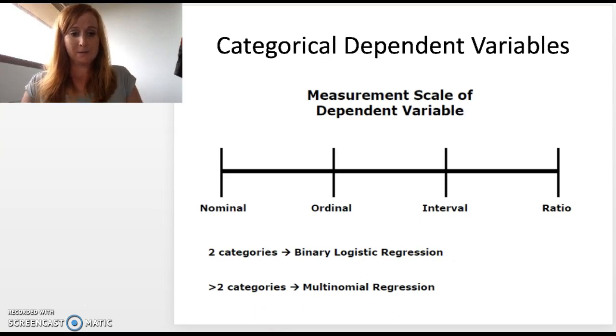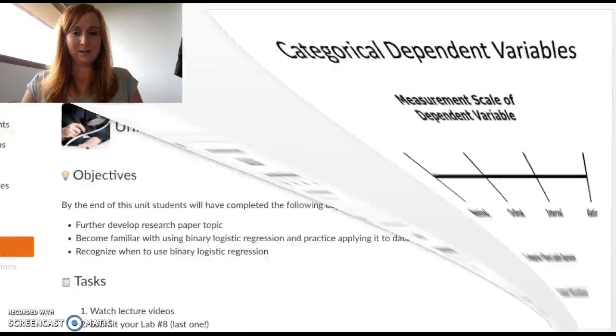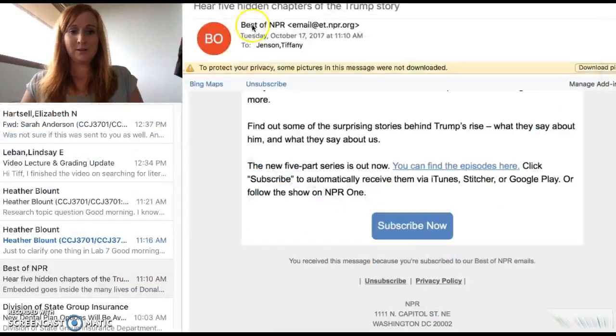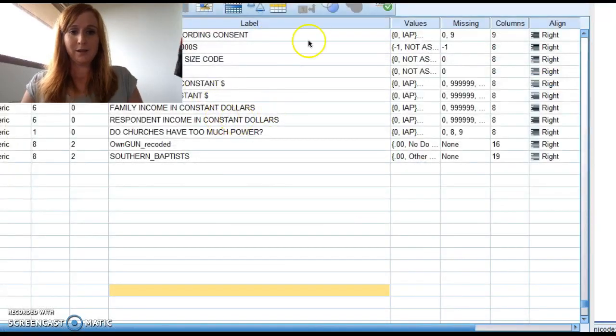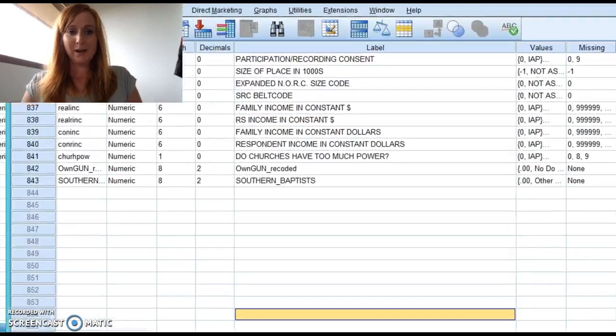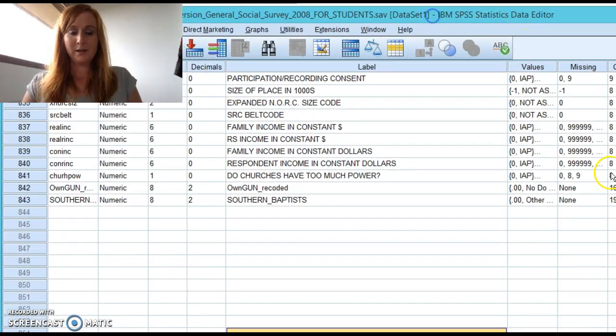Okay, let's actually show you this in action, if I can get to my SPSS example here. So we have SPSS. What I did is I opened up the General Social Survey, and I recoded 2 variables.